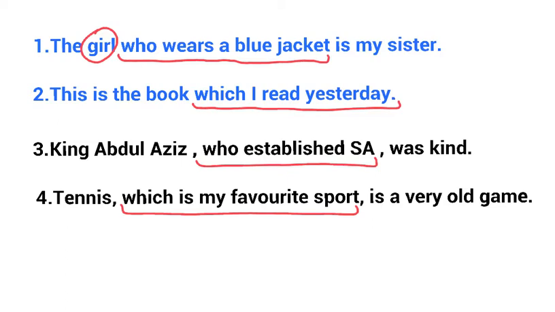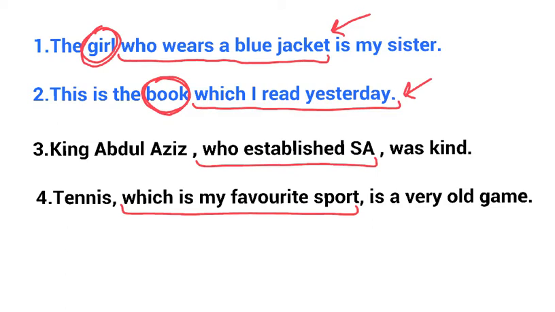Which girl? The one who wears a blue jacket. So, it gives important information. Also here, we don't know which book, but when I say which I read yesterday, now you know which book. So, the relative clause here is very important to define the noun that comes before it, which is book and girl.